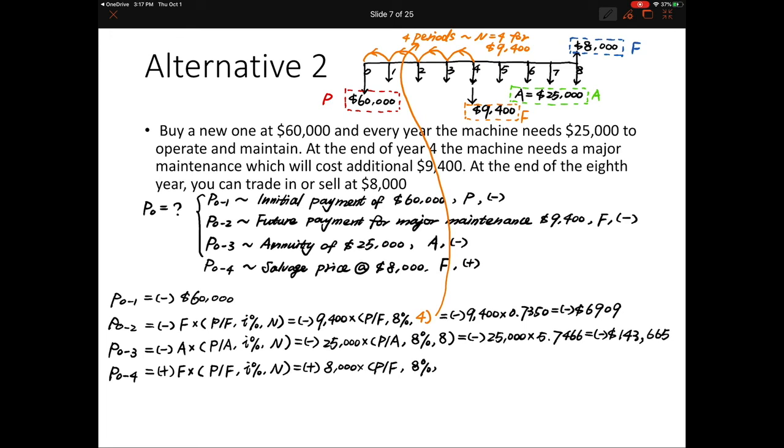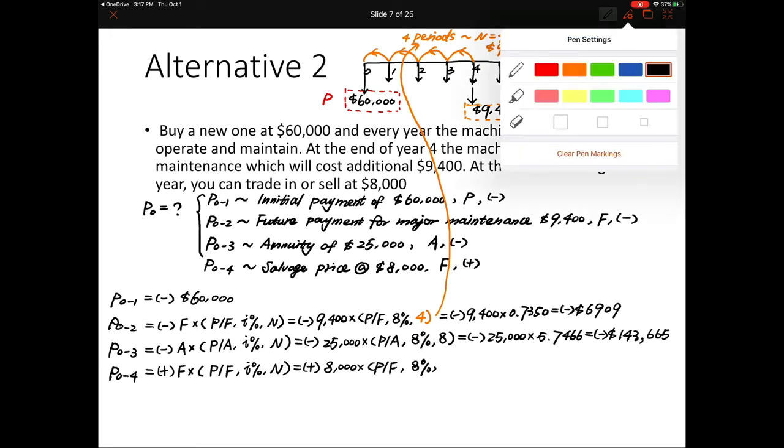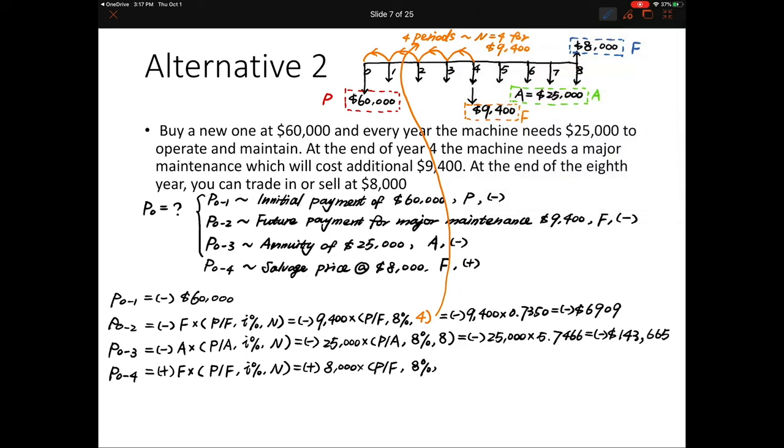Now, how many years between the 8th year and the present time? It's 8. So now you have to jump how many times? 1, 2, 3, 4, 5, 6, 7, 8. So now your number of periods, the n, is going to be 8.